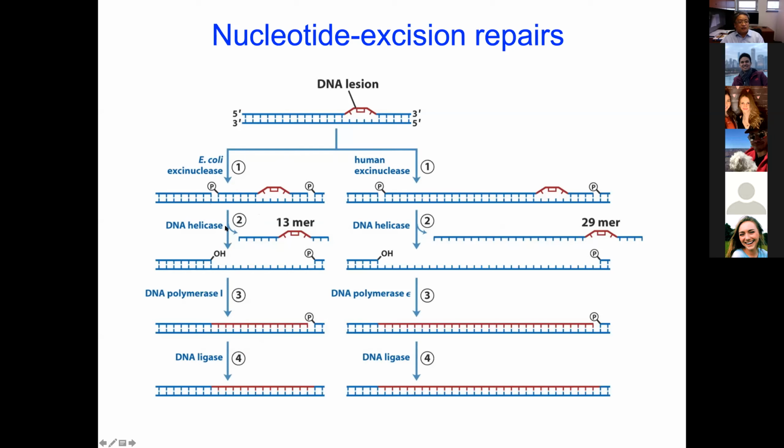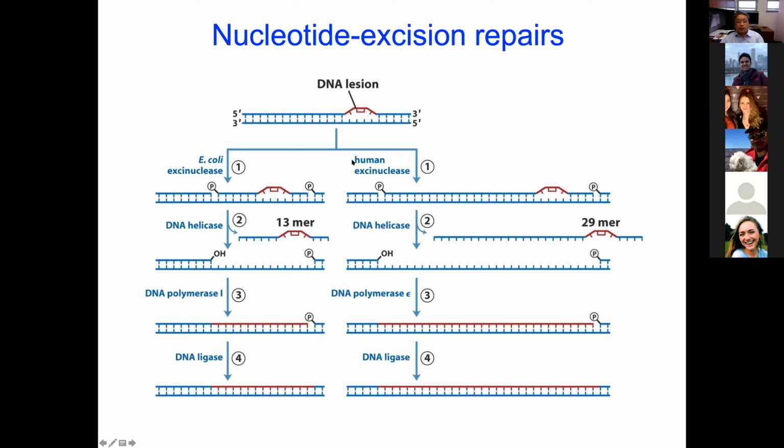And then the DNA helicase comes in and removes that piece of DNA. And then DNA polymerase I comes in and puts in a new piece of DNA. And then eventually the DNA ligase connects the fragments together. So you see that damaged part can be repaired.